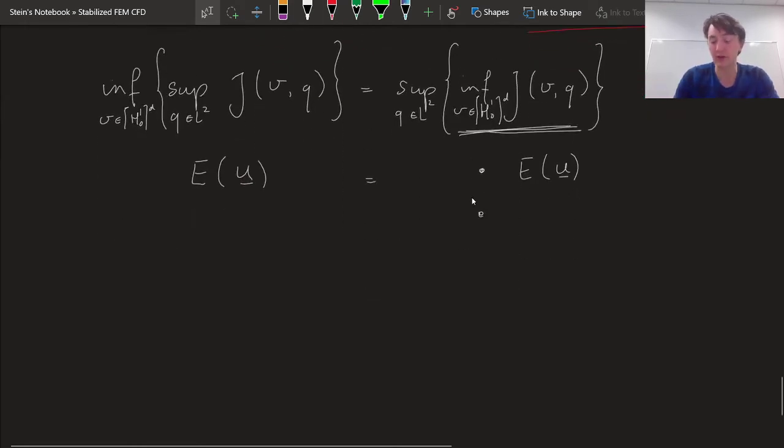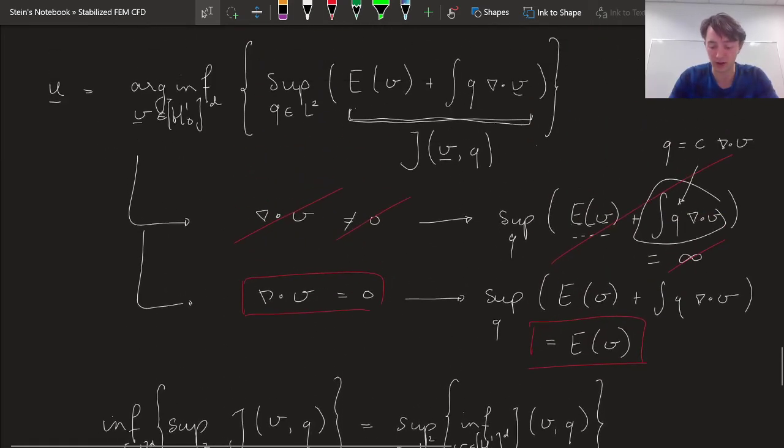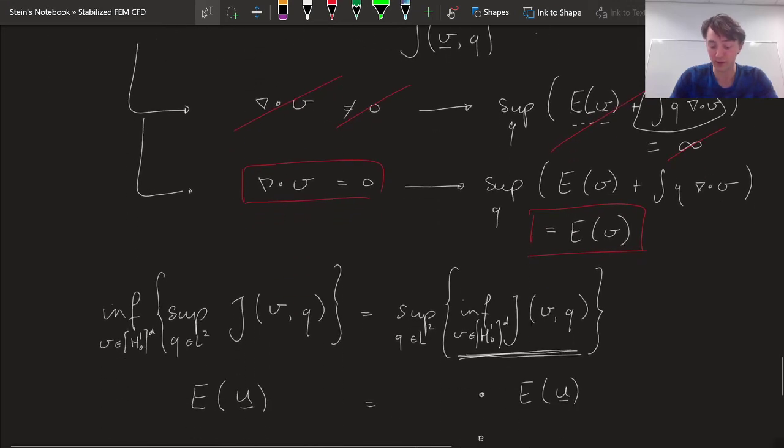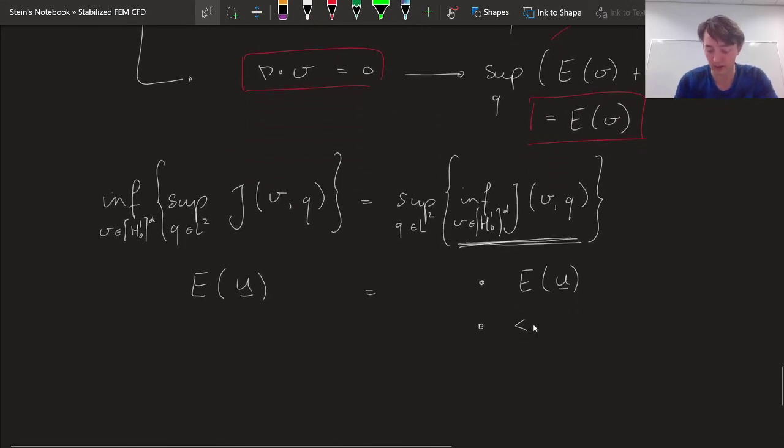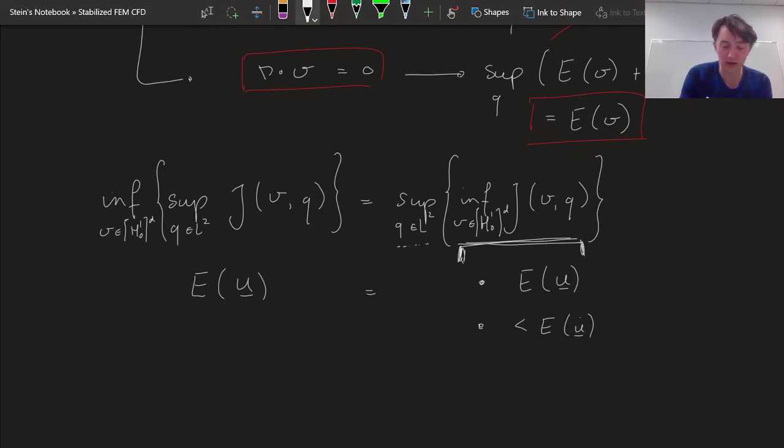Or if I have a different q for which I can actually get a lower infimum, then I'll get something that is larger than E of u, or smaller. Sorry, because on the inside is the infimum. So I either get the actual energy corresponding to the solution, or I get something that is smaller. So now I'm taking the supremum over all possible q's. So that's going to give me, as a maximum, that one. And that's why these two are equal.